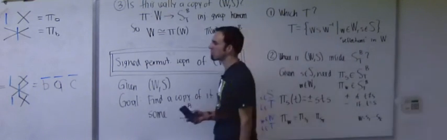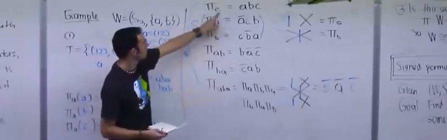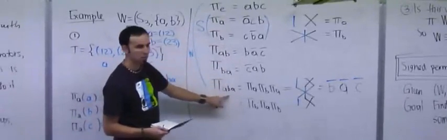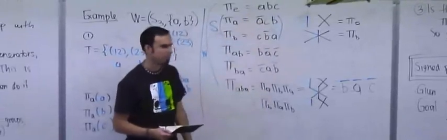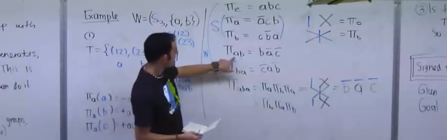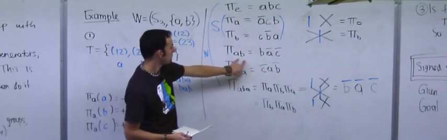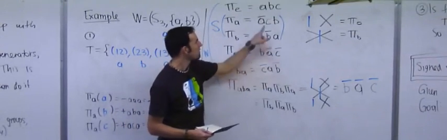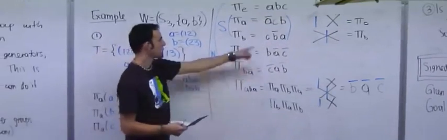But what I claim in this example is that if you operate these elements, E, A, B, AB, BA, ABA, you get the same thing as if you operate these permutations. Okay. So for example, since AB times BA equals the identity, that's going to mean that this guy times this guy equals this guy. So these guys really do realize this group.